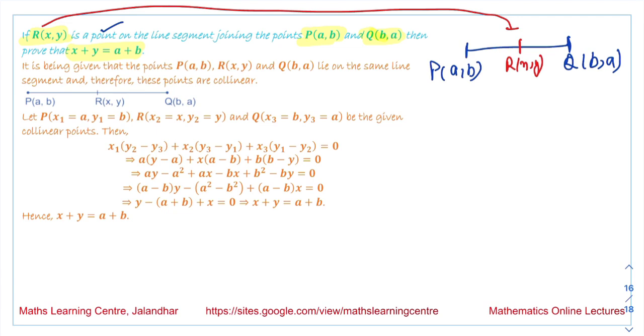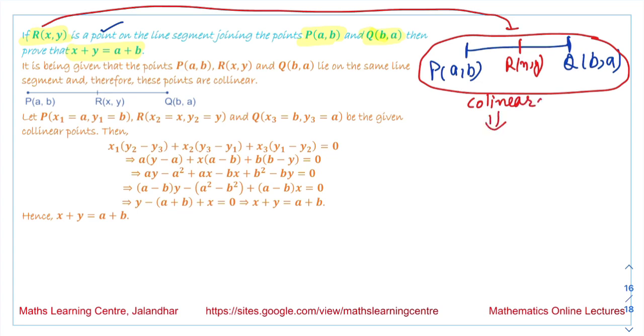So what we have is that these 3 points are collinear. If these 3 points are collinear, it means the area of the triangle formed by these 3 points should be 0. So what is the formula for the area of the triangle formed by these 3 points? It is a into (y minus a) plus x into (a minus b) plus b into (b minus y).